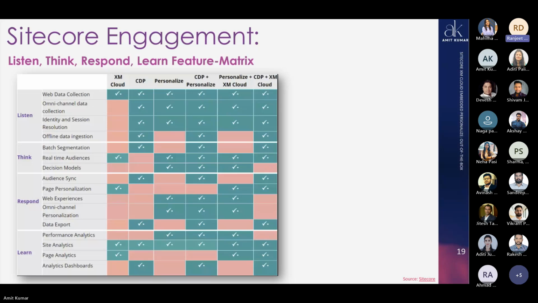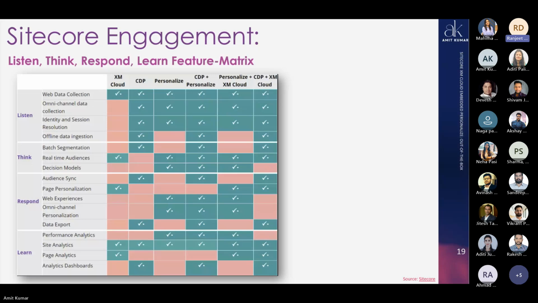Yeah, so moving forward, there are a few factors which determine Sitecore engagement. These factors are the listen, think, respond, and learn matrix. This feature matrix breaks down how different Sitecore products support the four stages of engagement. So for the first stage, that is listen, listening is nothing but collecting data.